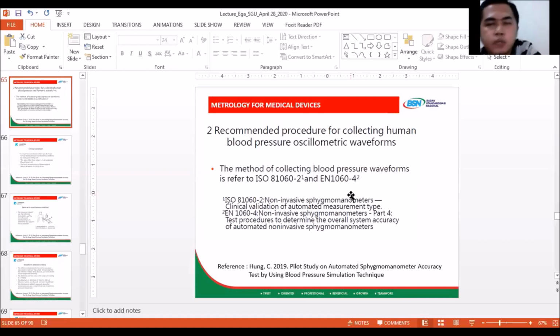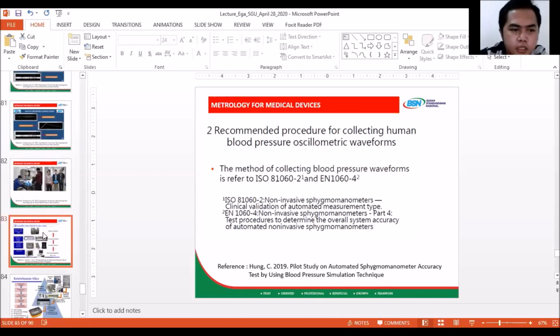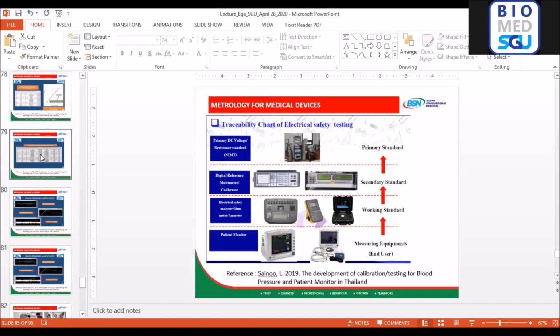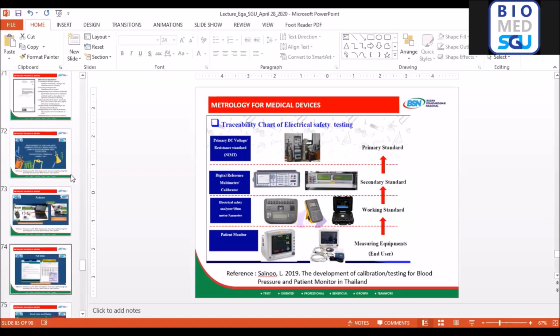And for the second question, please remind me if I'm wrong. You mean that a medical device should be calibrated by just one standard only, not by three standards? You mean in the traceability chart? Yes, traceability. Maybe Dr. Yanti still could not get it. So what do these three standards stand for?